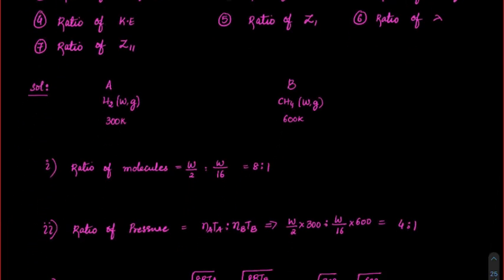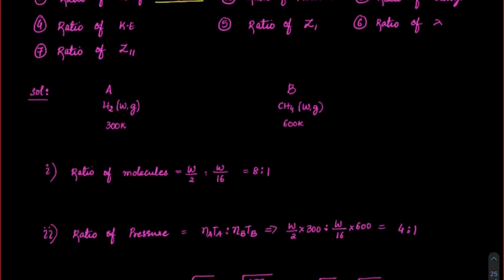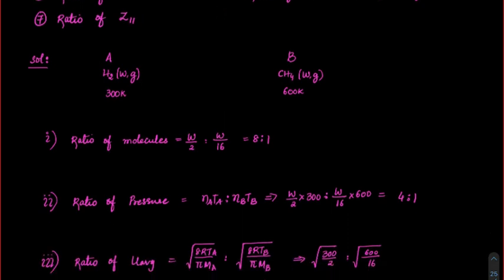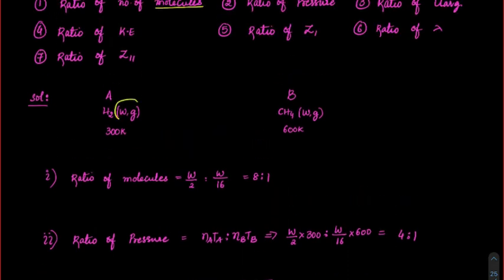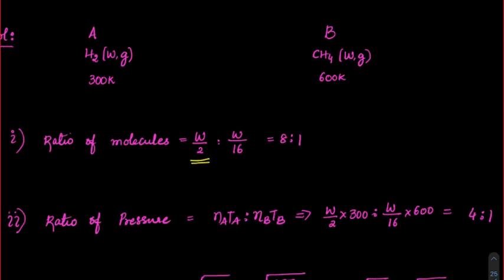First, we have to calculate the ratio in terms of number of molecules. One hint given is that the weight is the same. So weight of H2 and CH4 is same, therefore number of molecules will be the number of mole ratio. W by 2 is the number of moles of H2, W by 16 the number of moles of CH4. So I would get a ratio of 8:1.